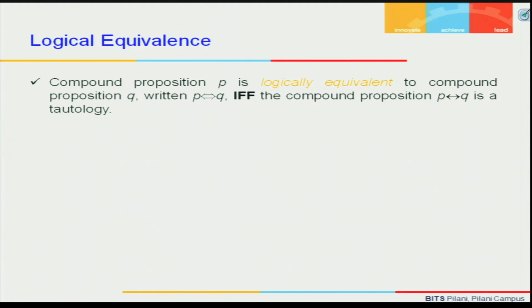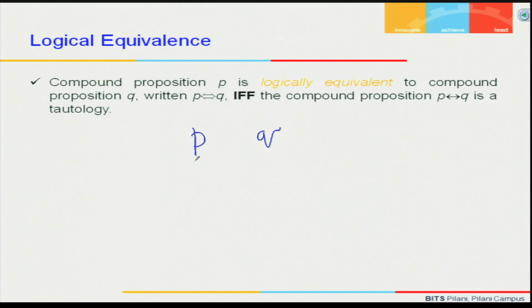Okay? If you have got a compound proposition P and another compound proposition Q, mind you, when I say compound proposition, it has n constituent atomic propositions which are connected by some operators.